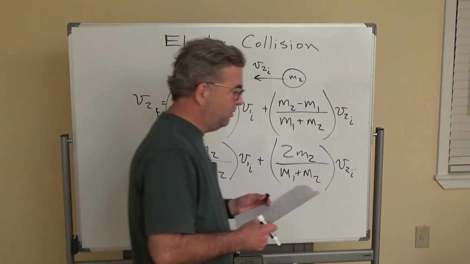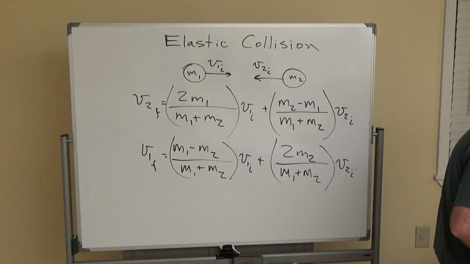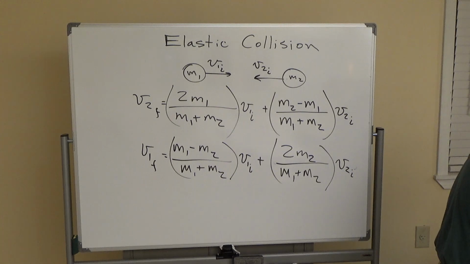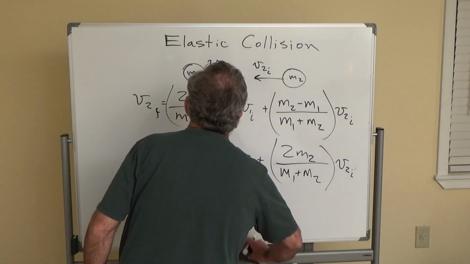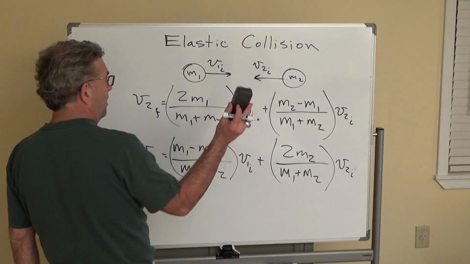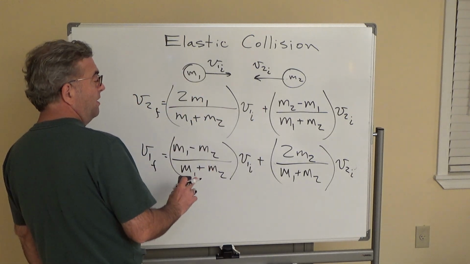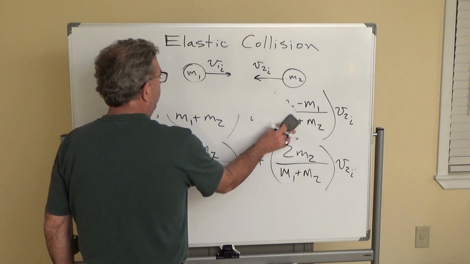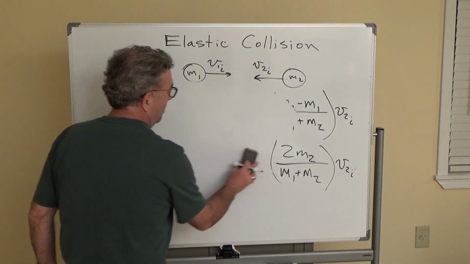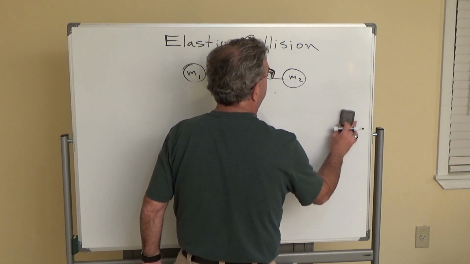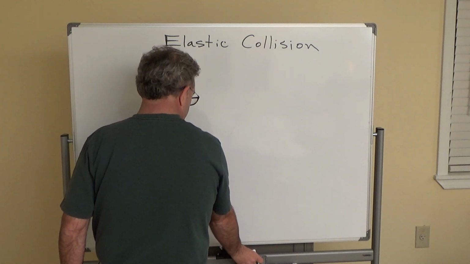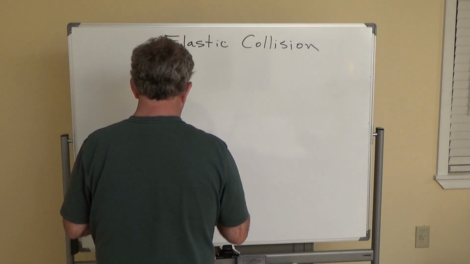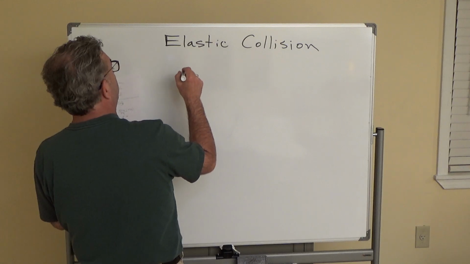So let's look at an example. I'll do a quick numerical example, maybe one that's not so obvious. Okay, so you've got these written down, and I'll use those equations to calculate the final velocities for a particular case.